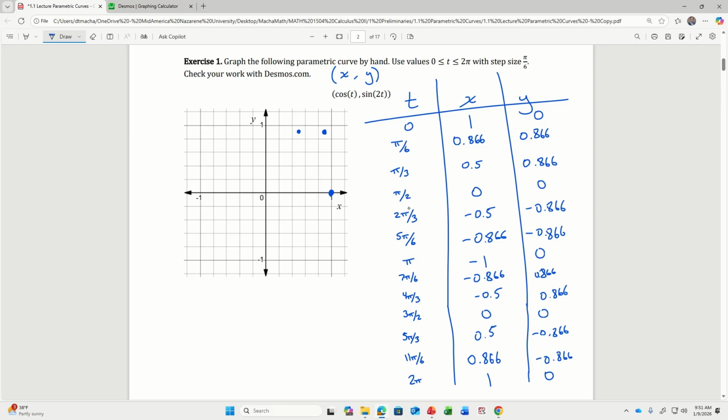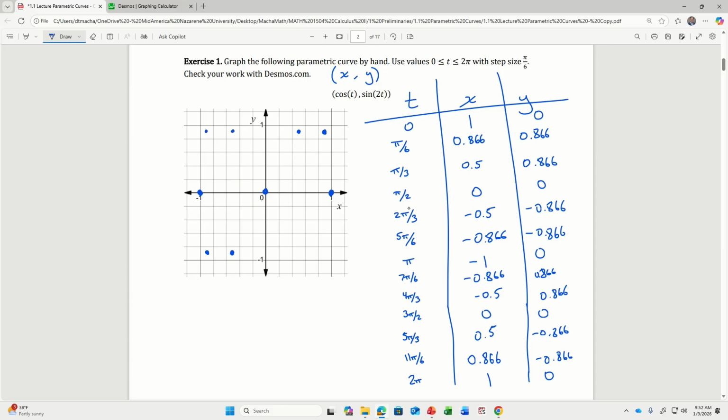And then x is 0, y is 0. X is -1/2, y is negative 0.866. X is negative 0.866, y is negative 0.866, and then x is -1, y is 0. And then negative 0.866, positive 0.866.